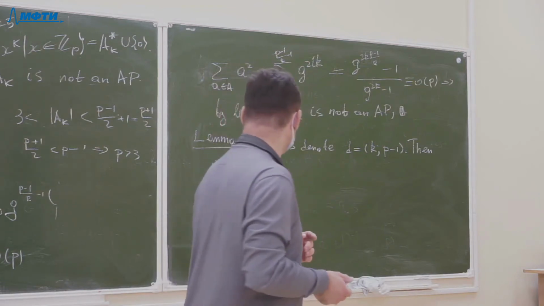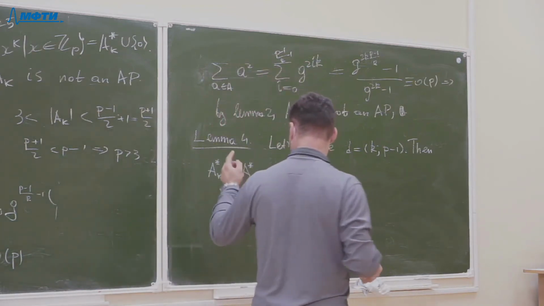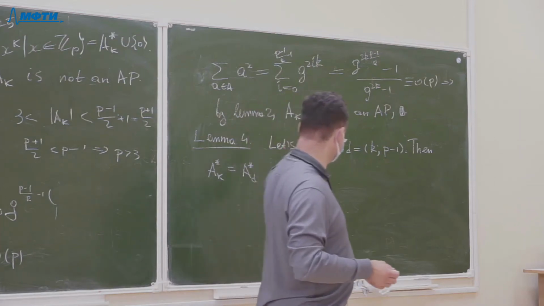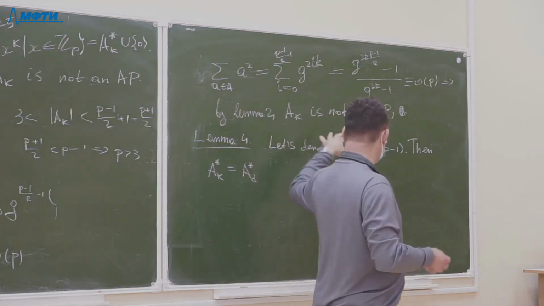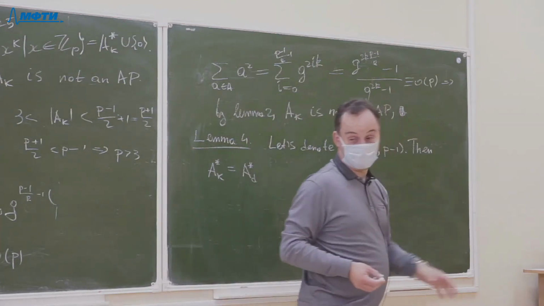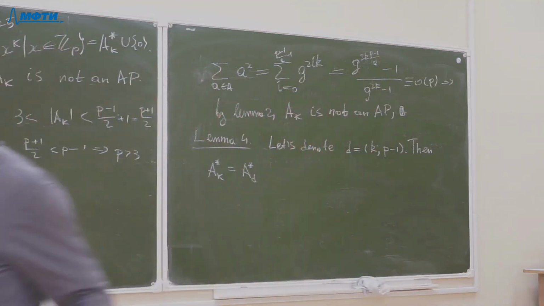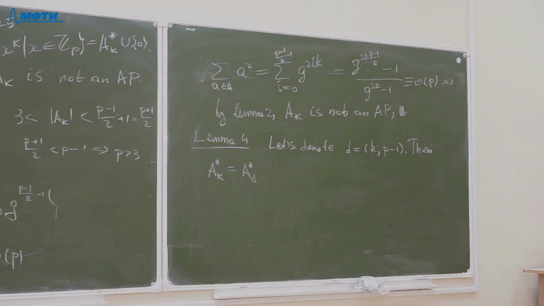Well, simply like this. So these sets are equal, so we can simply replace this K by the GCD. Is there any limitation? Well, no.